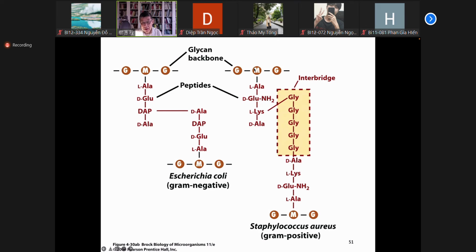And this is 4. From 1 to 4, the beta-1,4 glycosidic chain. This glycosidic bond will be cleaved by lysozyme. Lyso means dissolve, zyme means enzyme, a dissolving enzyme.